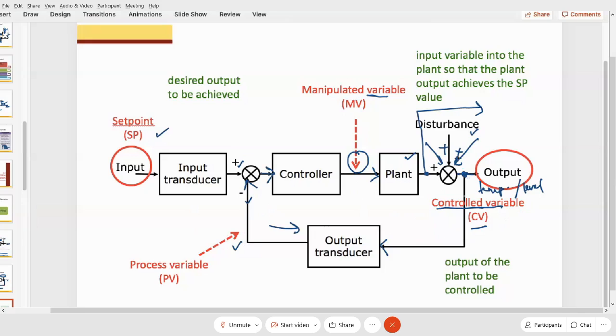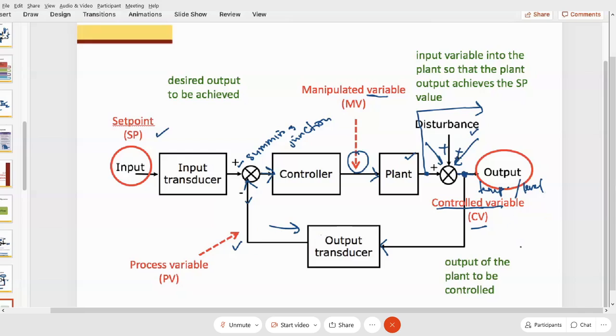So we take this signal and compare it with the output. You can put the summing junction, or comparator, here to compare your input with the output. Its function is to compare the input signal with the output, called the process variable in this case.